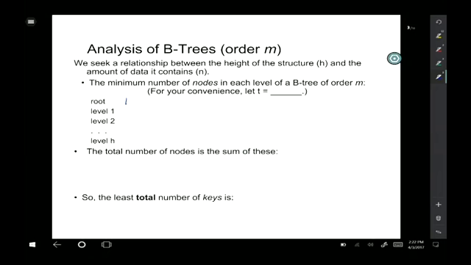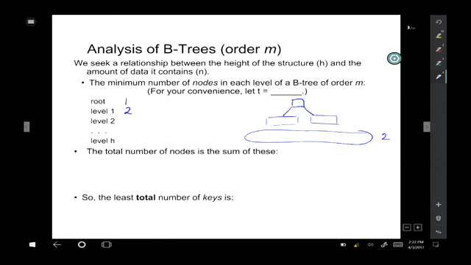So the top of the tree might look like this. And that's 1 and then 2 nodes on level 1. Now things get interesting. How many nodes are there on level 2?